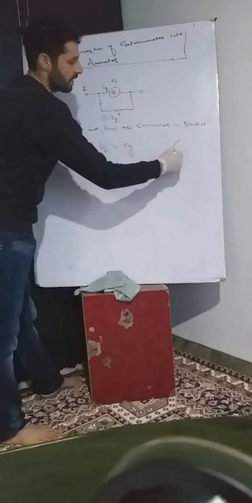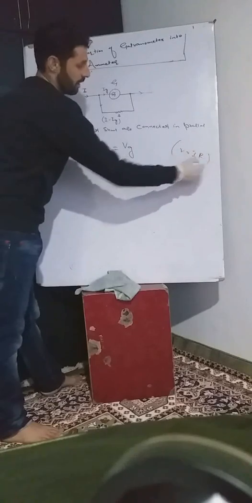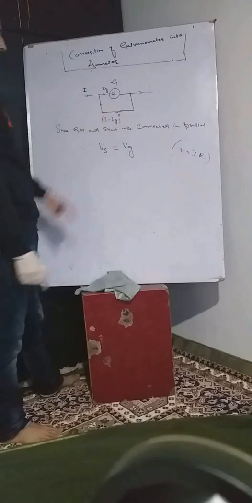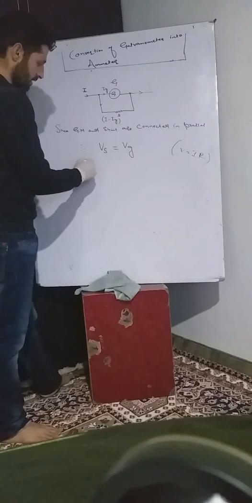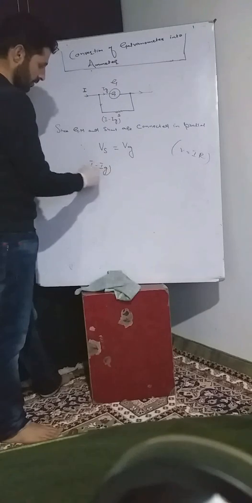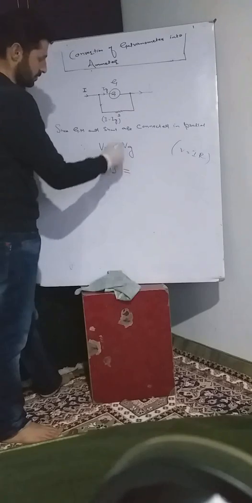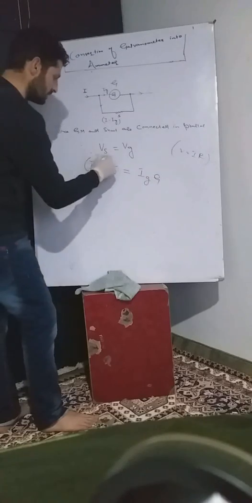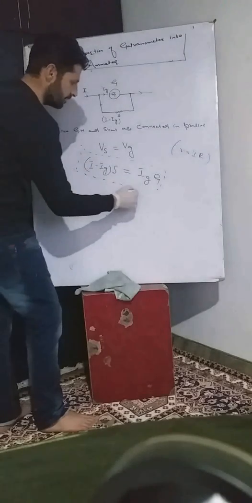Now according to Ohm's law, V is equal to IR. For Vs, the current is I minus Ig and the resistance is S, which is equal to the galvanometer's current Ig and resistance G. So what we have to determine is S. This relation you have to remember, because when you calculate numericals on this, you have to use this relation.